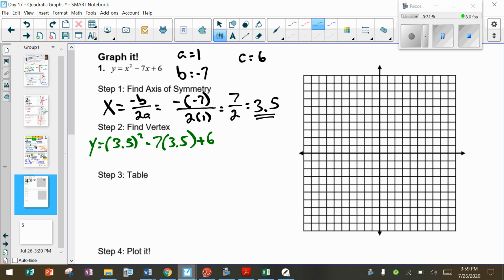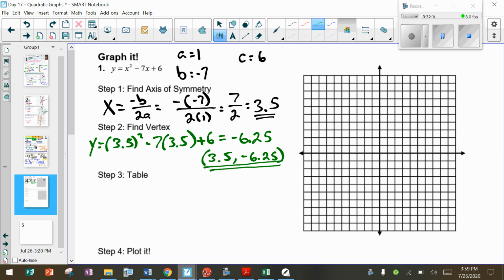So I'm going to type it into my calculator exactly the way I see it. And when I do that, I get negative 6.25 as the y-coordinate. So I know my vertex is at an x value of 3.5 and a y value of negative 6.25. Not the most convenient numbers to work with.